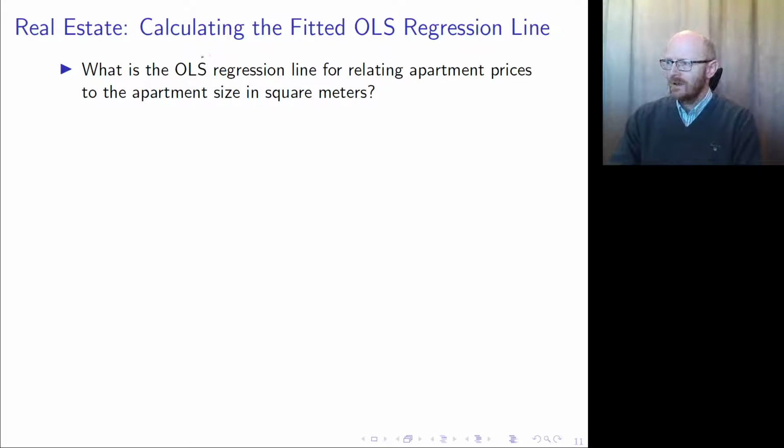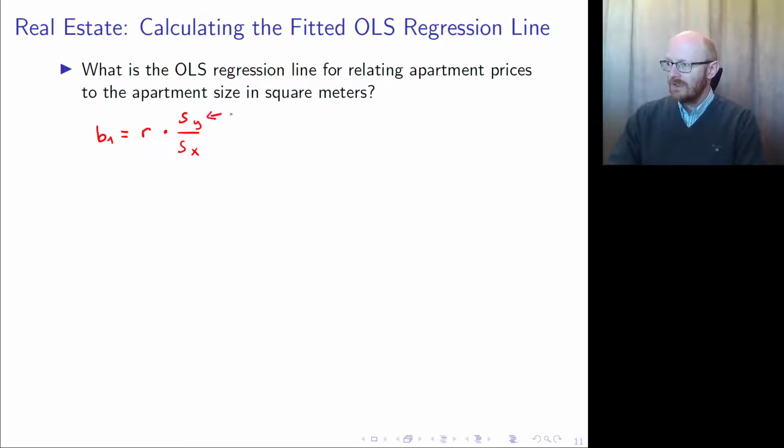So what is the OLS regression line for relating apartment prices to the apartment size in square meters? Well, we can use some equations, which we went through in the last video, and that is we find the slope first, and this is just the correlation times the sample standard deviation for y over the sample standard deviation for x, that ratio.